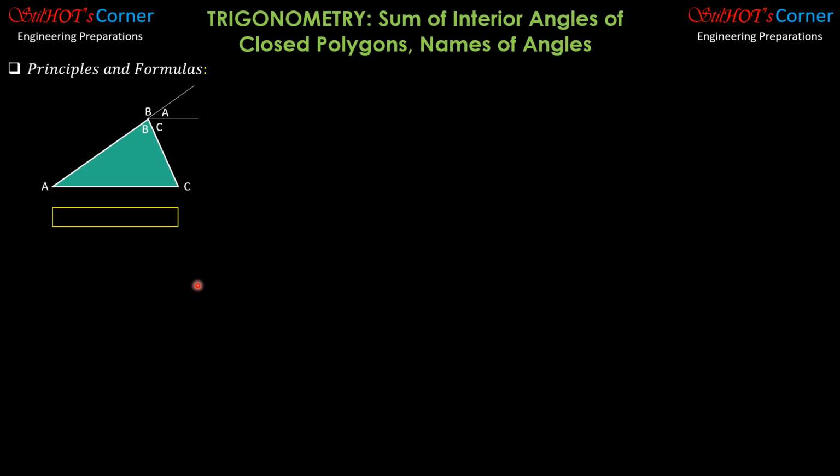So the sum of the interior angles of a triangle, therefore, is 180 degrees. And as a student in trigonometry or in engineering, you must know that.